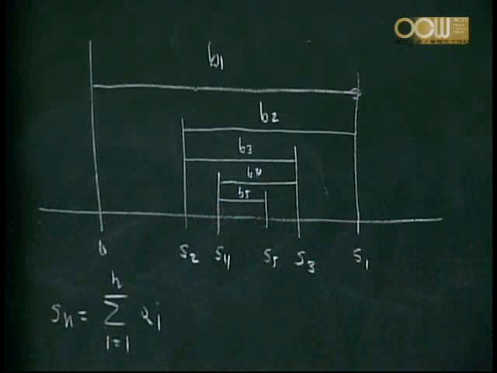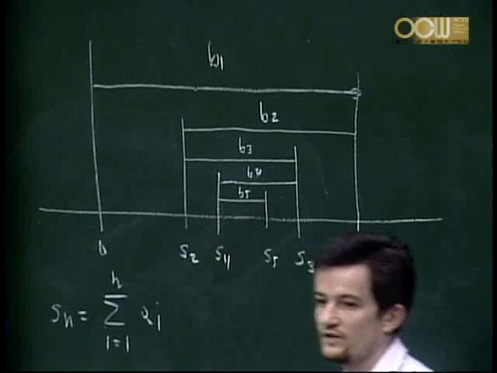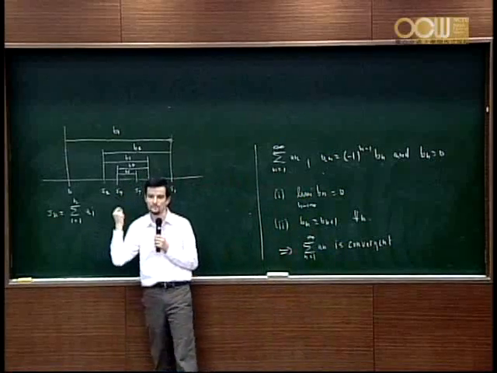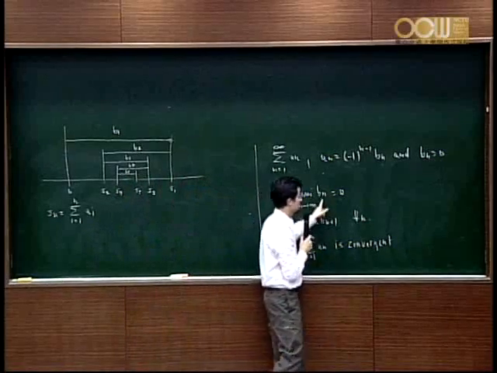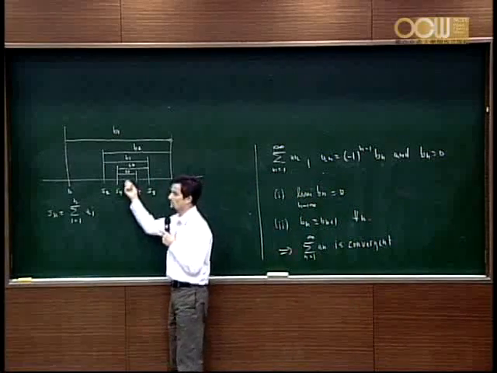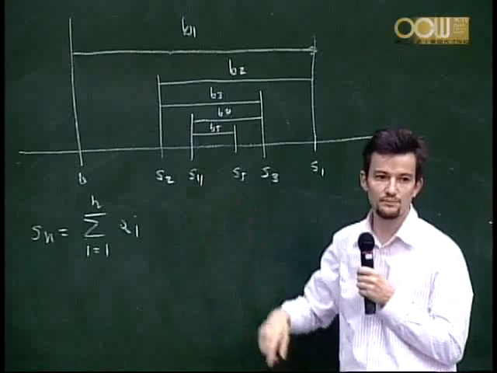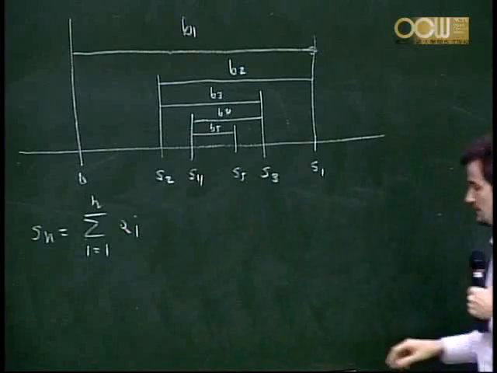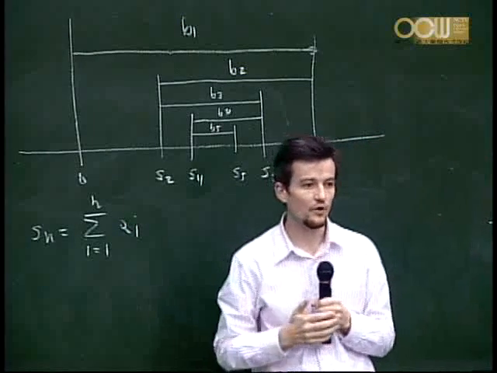What I use here as well in order to draw this is that the sequence of Bn will go to 0 as n tends to infinity, which means the lengths which you see here are getting smaller and smaller. So this is this condition here. And you see already from this picture that they will meet somewhere in a point, and this point will be the sum of the series. So this roughly explains why this result holds.